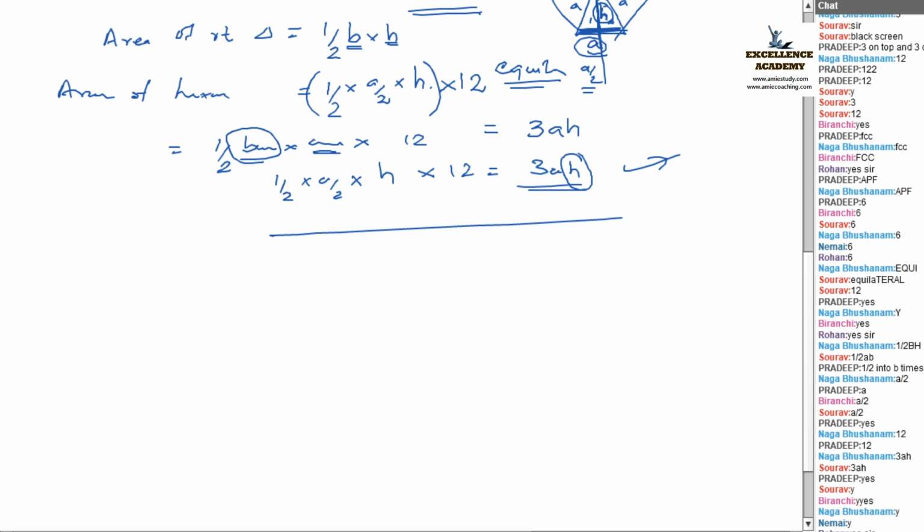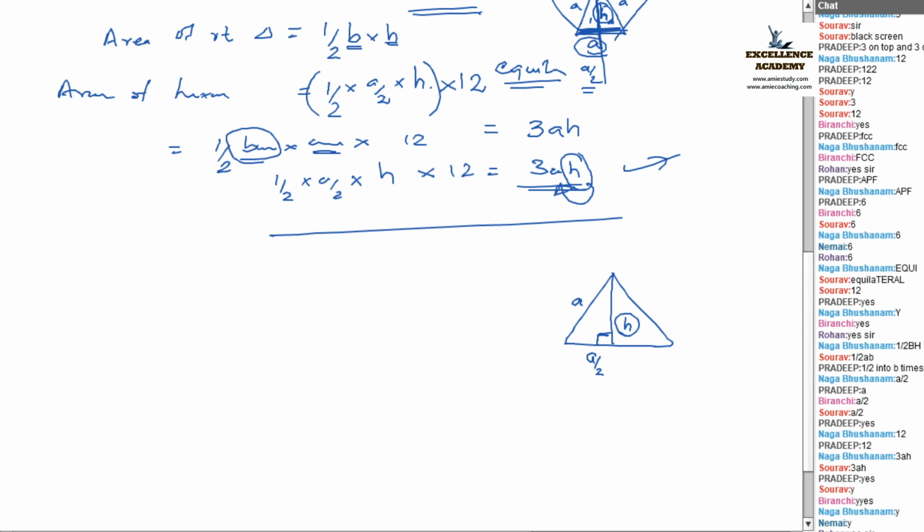We have to change that value in terms of what? A or R, isn't it? Then only we can solve it. So we have to convert this in the form of A. Let us check. I take one of the right triangles. This is H, this is A, this is A by 2, and this is the 90-degree point.